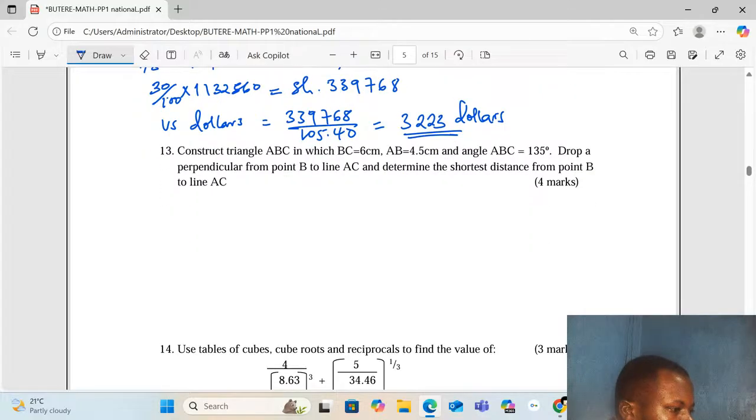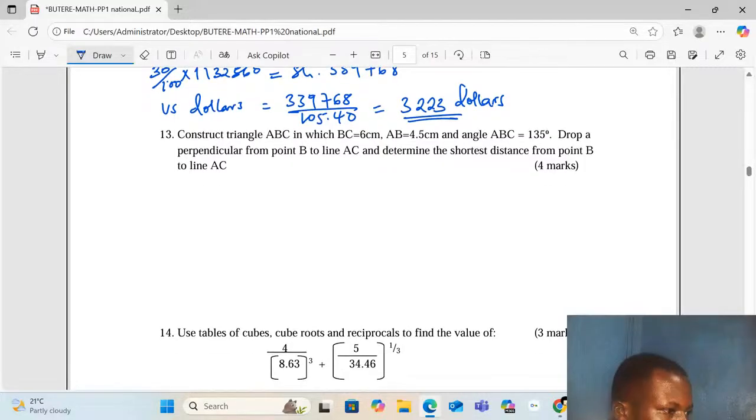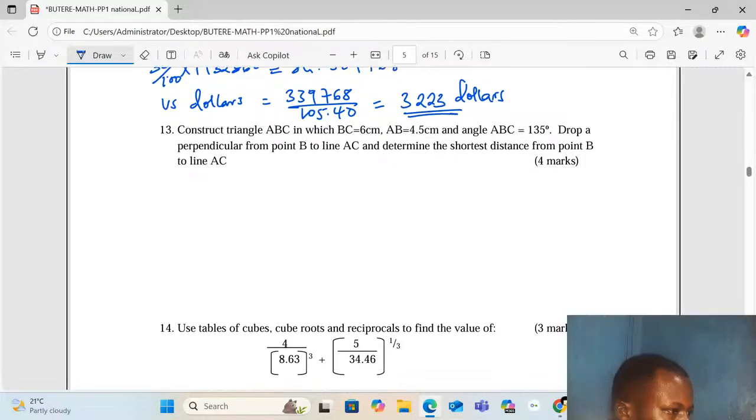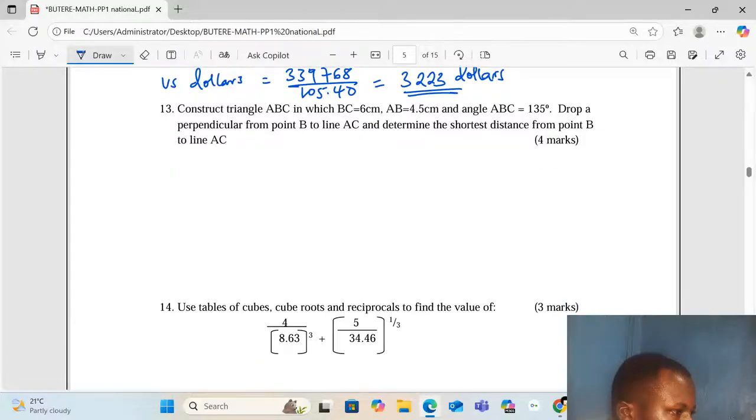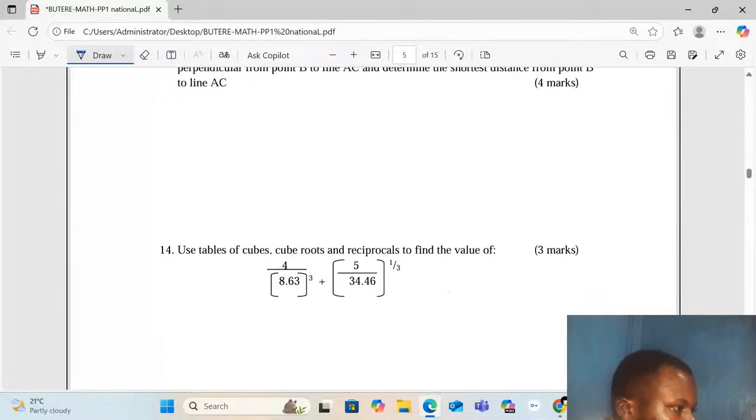This is a question on construction, and therefore we may not be able to do it on our screen because of the instruments. For the safety of our screen, you will allow us not to have it that way for today, but we are looking for a way for us to work it out. So we move to 14.